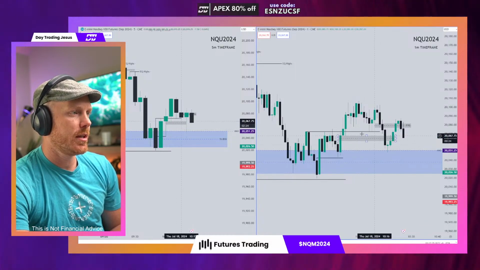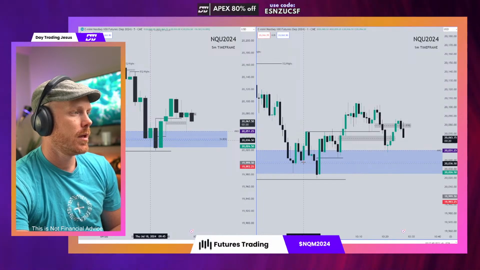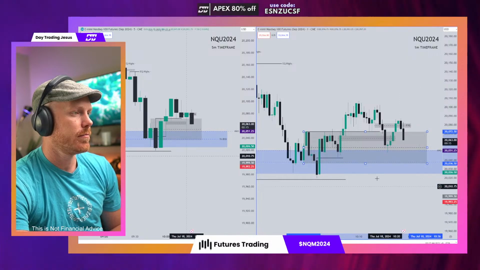This breaker is still in play, technically. This whole thing is the breaker. But I don't want to trade that large of a range.